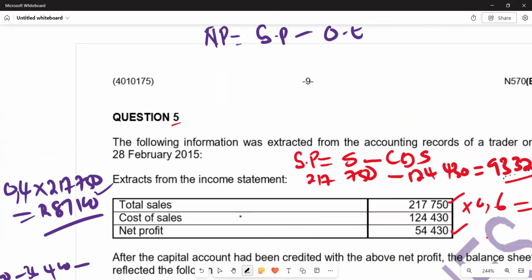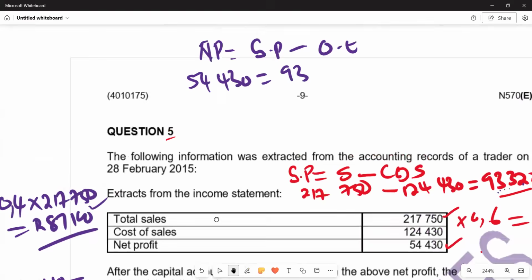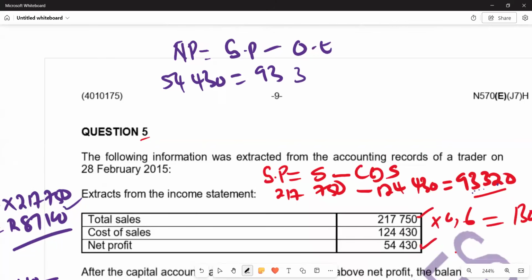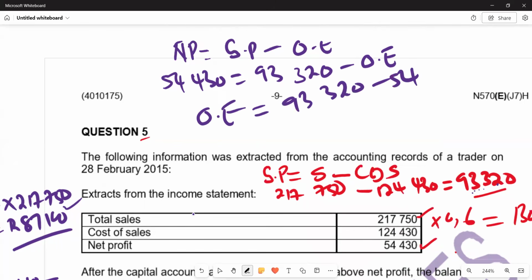So our net profit, we have it 54,430, equal to our gross profit, which we also have, 93,320, minus operating expenses. So we make operating expenses the subject of the formula. It becomes operating expenses is equal to 93,320 minus 54,430. Let's calculate it as such.